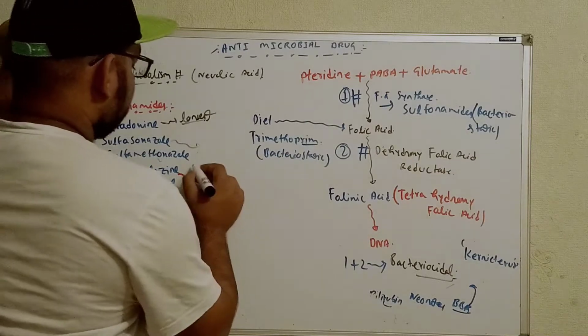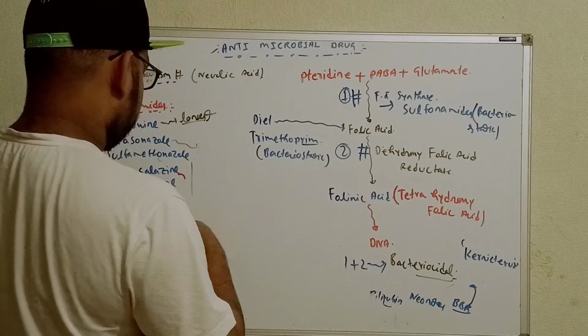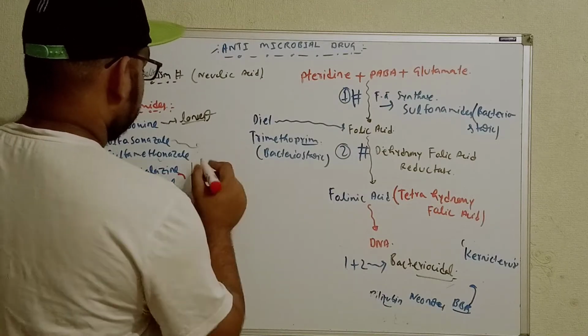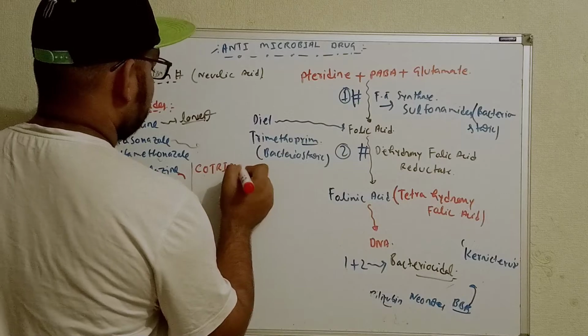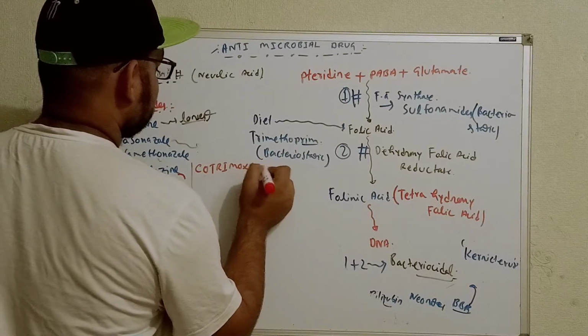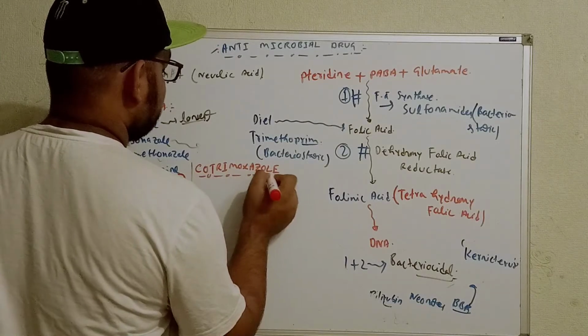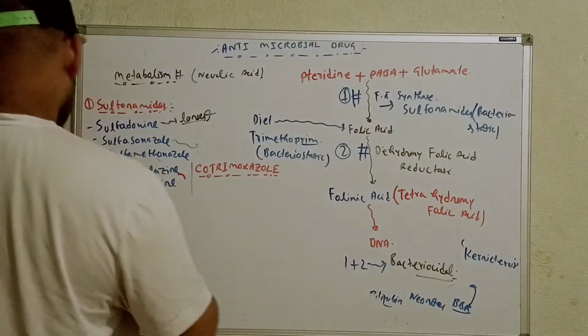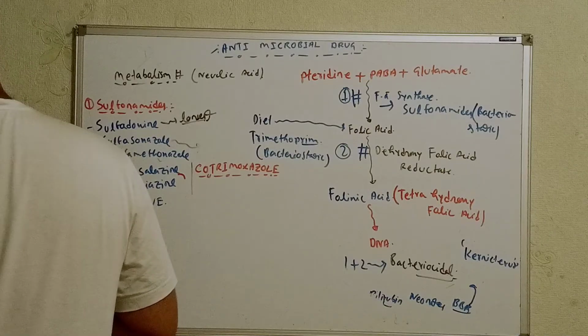The first one we'll talk about is cotrimoxazole. What is it and how is it formed? Cotrimoxazole is a combination of two drugs.